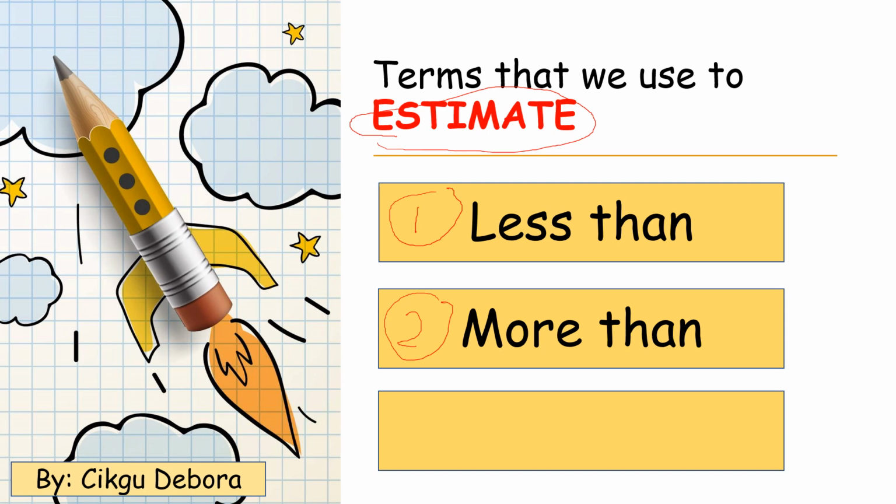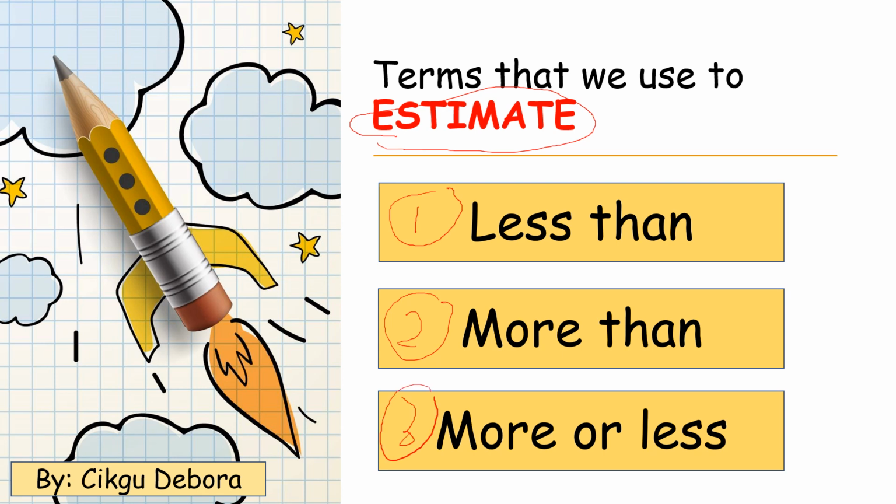That means bigger number. Okay, and the third one is more or less. More or less means about, approximate. That is the words that explain more or less. So these three terms we usually use when we estimate.